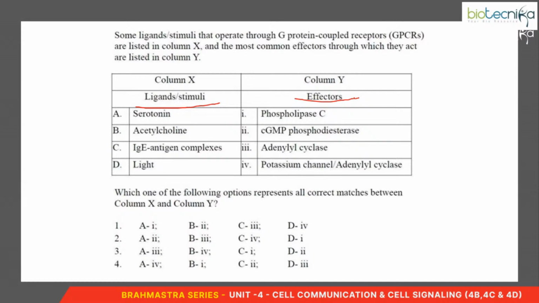Nowadays a lot of match the following kind of questions are being asked in the exam. I will always suggest that you never skip them, because they are scoreable. You can easily fetch marks if you are confident with certain combinations, because as you see, the terms are quite familiar if you have studied the life science syllabus.